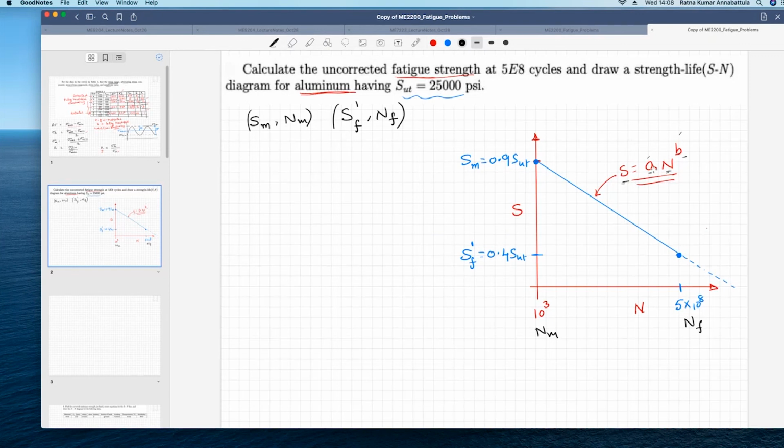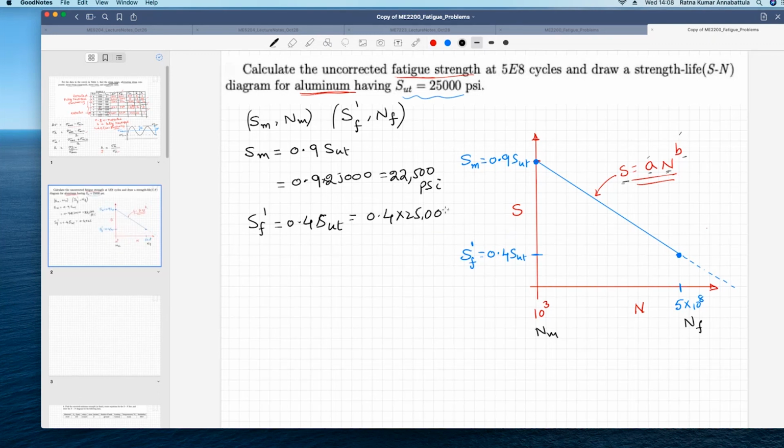So when you want to draw the diagram, SM is 0.9 times SUT, that is 0.9 times 25,000, which is basically 22,500 pounds per square inch. That is your SM. What is SF dash? SF dash is 0.4 SUT, which is nothing but 0.4 times 25,000, that is 10,000 PSI.